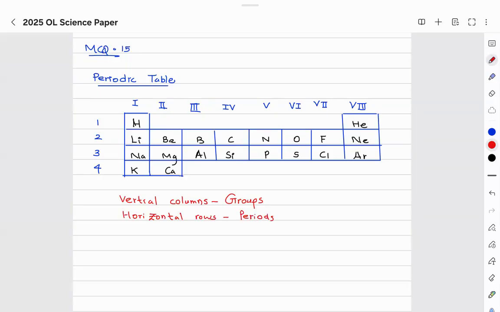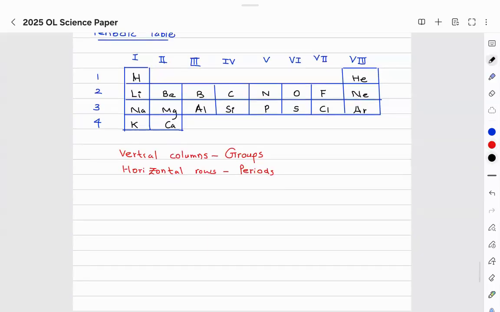Right. And group number is representing the number of electrons in the last energy level. 1 to 8 are groups.